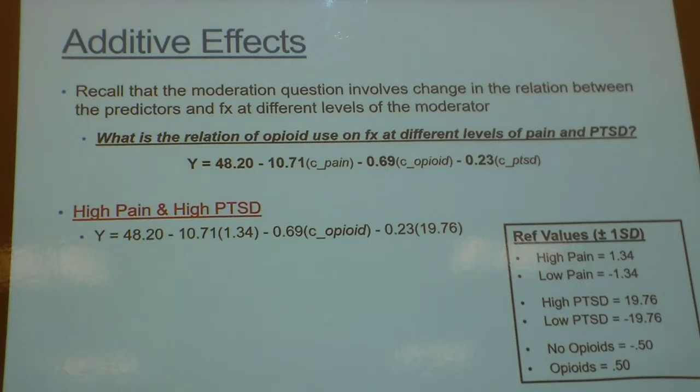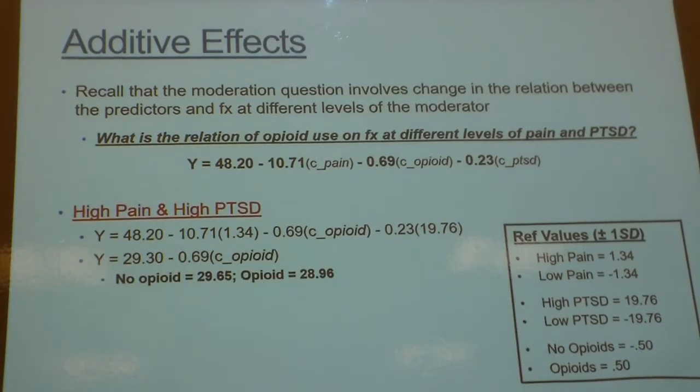This is my relation of opiate use, which is what I'm interested in, and then high levels of PTSD: the standard deviation of PTSD is 19.7, so I'm just going to plug 19.7 here. Basically, this is one standard deviation above the mean. What I want to know is the relation between opiate use and role functioning at high pain and high PTSD. Well, we run the math, and it reduces down to this equation.